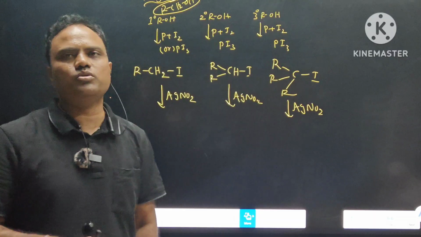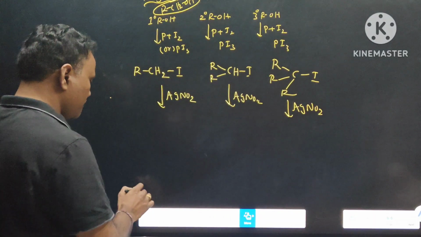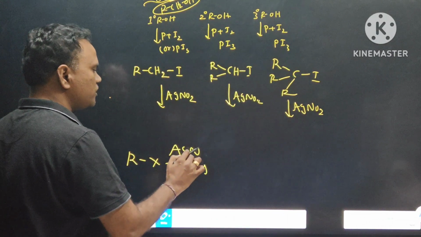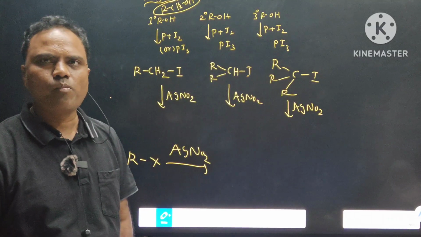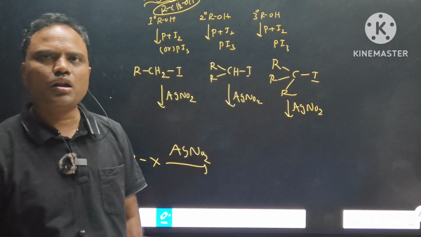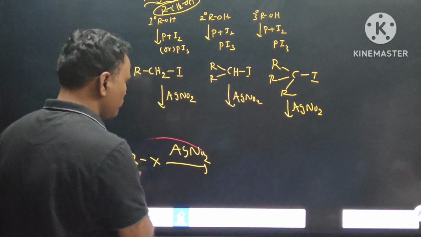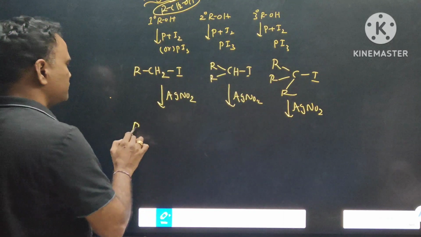PI3, AgNO2, all this comes under Victor Meyer. Right, you tell me the chemical property of alkyl halide, anybody? When alkyl halide is treated with AgNO2, what happens? RNO2, not ONO. Correct.